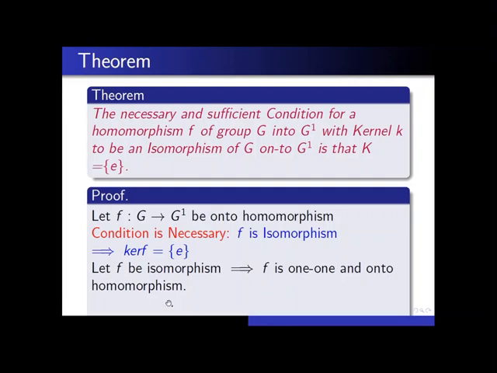Homomorphism means f of a circle b is equal to f of a star f of b. 1-1 means f of a equals f of b implies a is equal to b. Onto means every element in G dash has a pre-image. So here f has all these properties, so it is an isomorphism. Now our aim is to prove that kernel f is equal to E. That means kernel contains only the identity element of G.